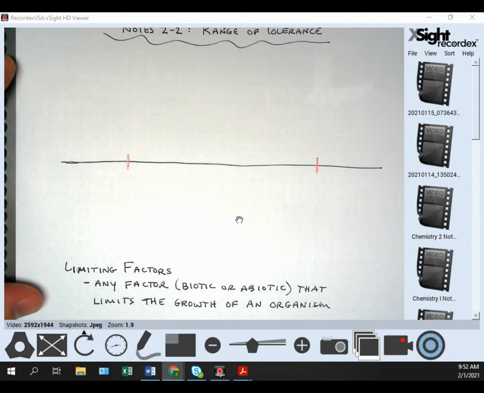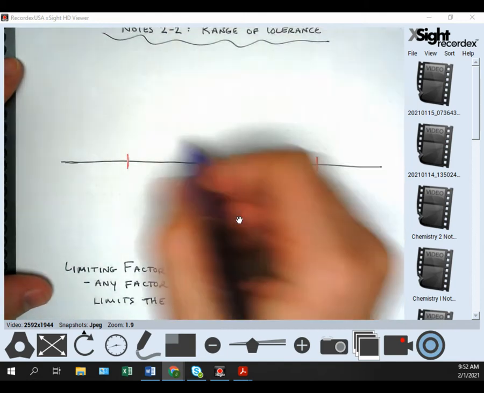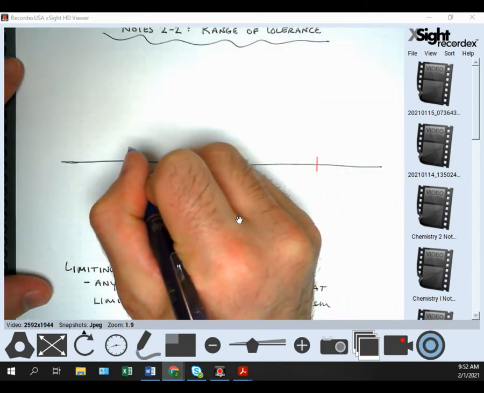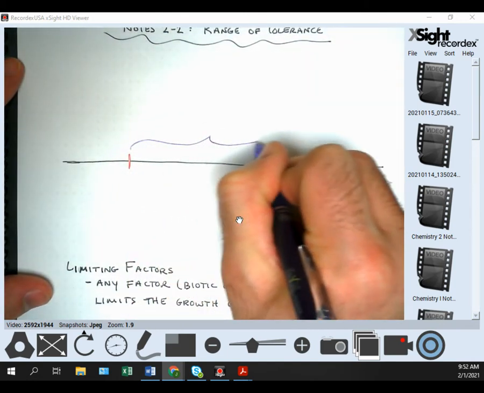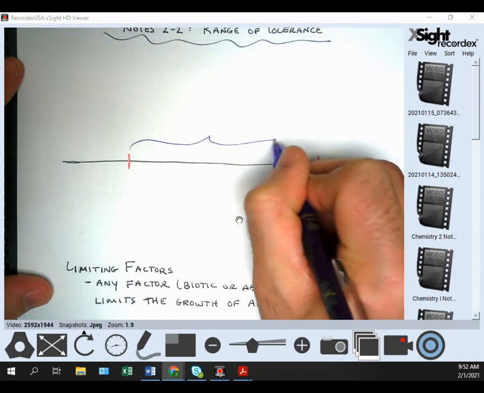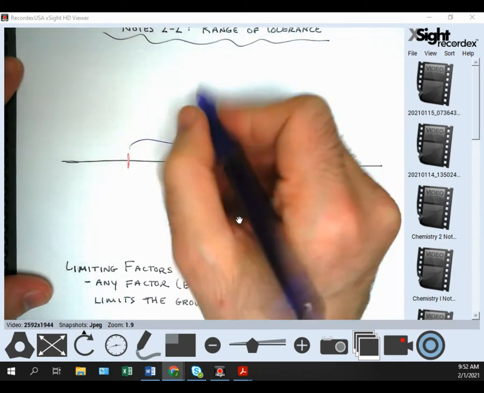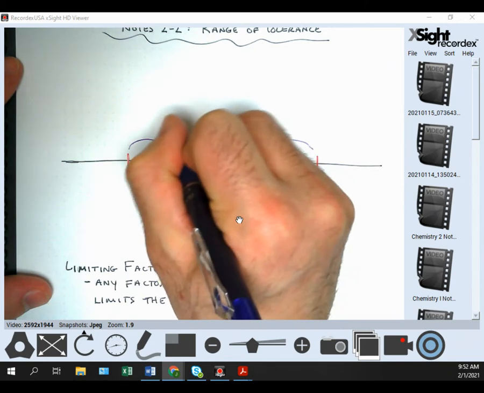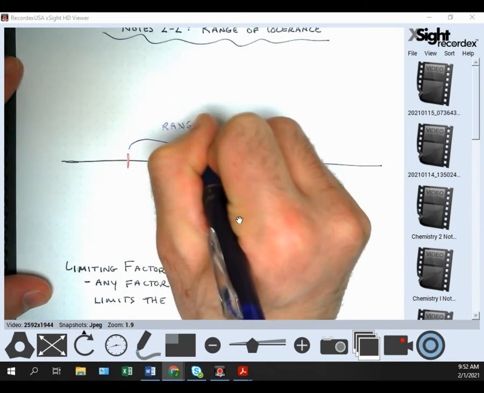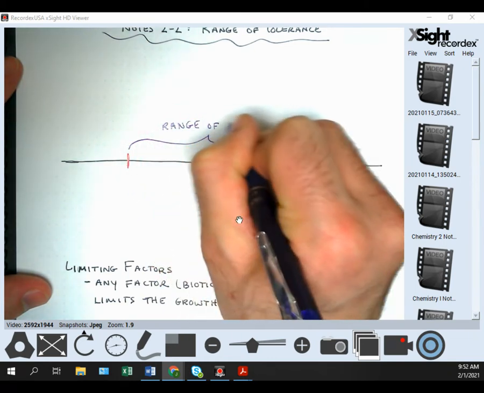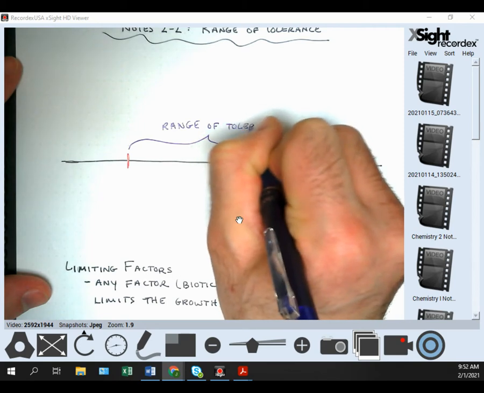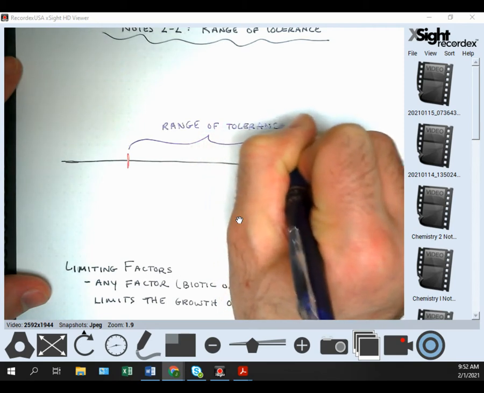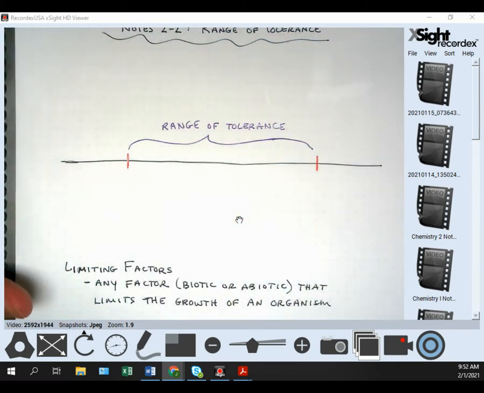Okay, so in here is our range of tolerance.